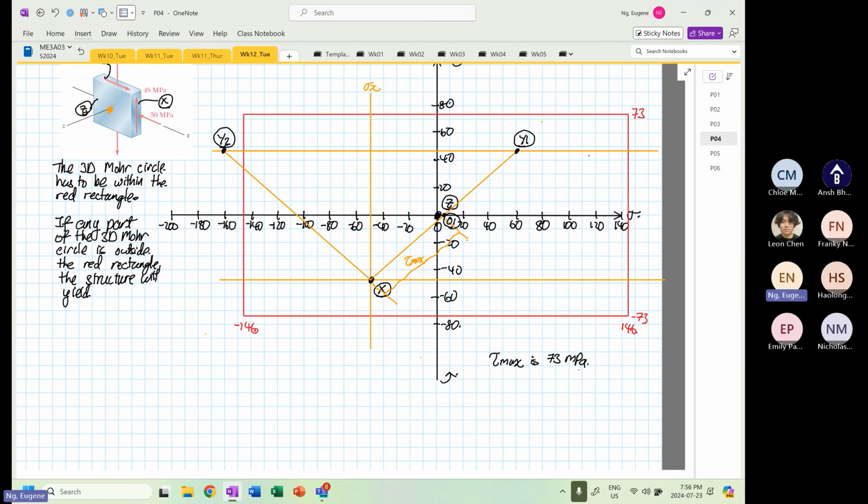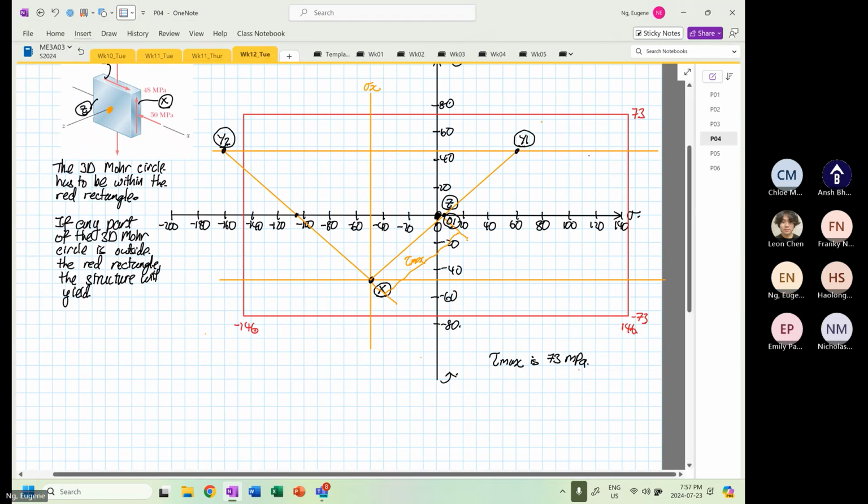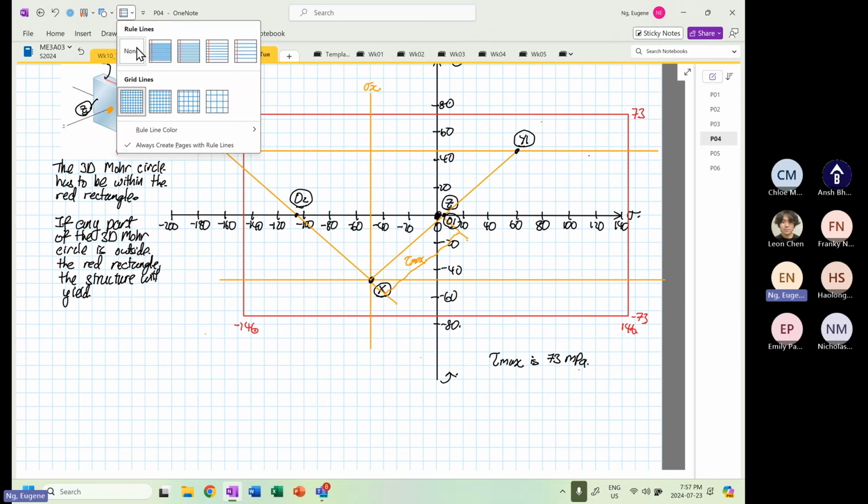But now we are learning. So this point over here where we intersect, we're going to call it our O2. So from here we can determine our O1 and O2. How do we do that?